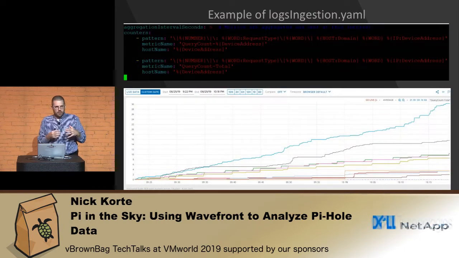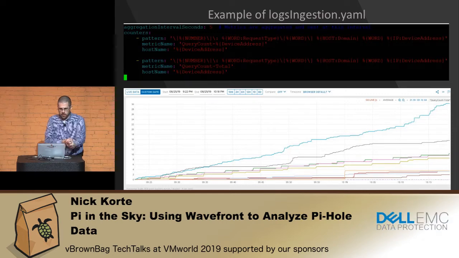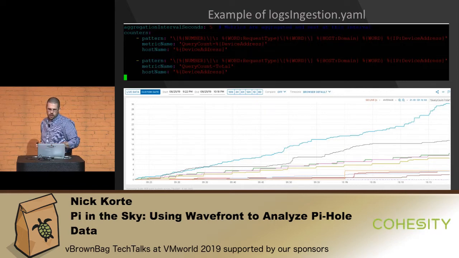On the Wavefront proxy itself, you actually have to configure a file that has all your Grok patterns in it. We talked about the type of metrics supported. One of them is a counter. And in this chart below, I used a counter metric called query count-total. That's that second one. I've got the host name as device address.